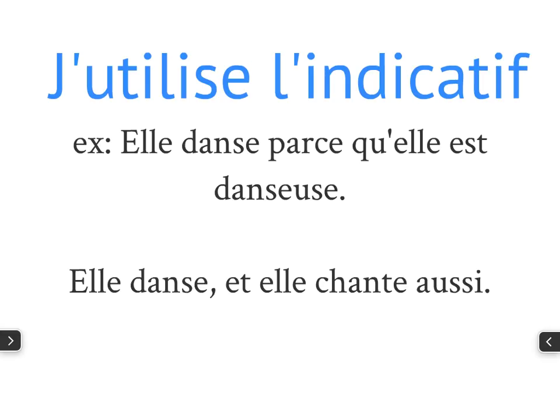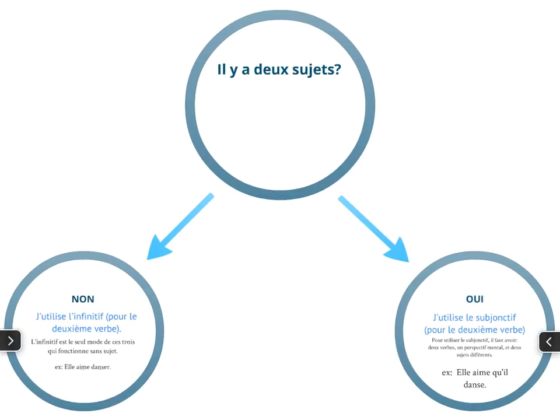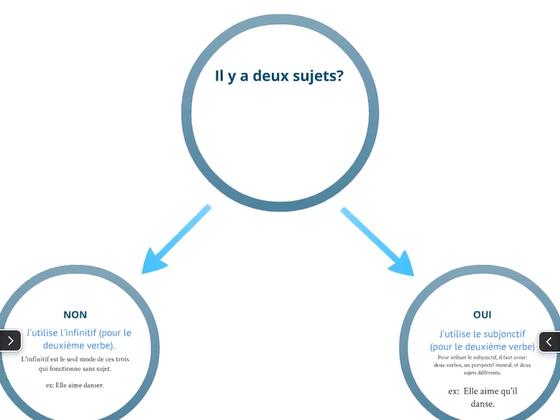Good so far? The other thing you'll notice in these examples is conjunctions. Most of the time if you have two verbs and there's no mental perspective in them, you have to have some sort of conjunction. That's just kind of an aside. Ok, mais si la réponse est oui, vous continuez avec la dernière question. Est-ce qu'il y a deux sujets?